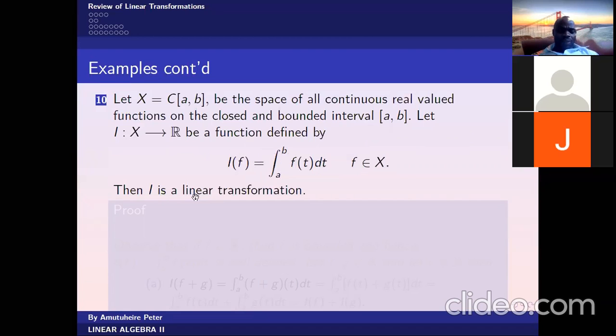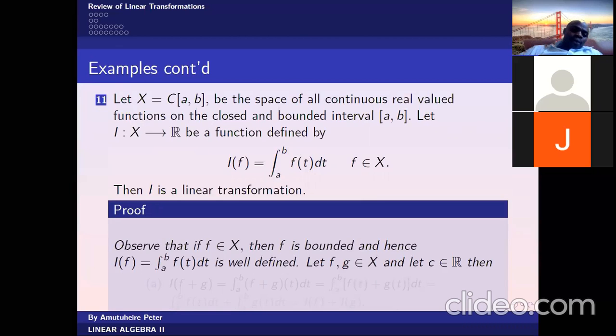Then we are claiming that I is a linear transformation. Now we know that the definite integral from a up to b gives a real number. So we give it a function, it computes the integral from a up to b, and it returns a real number. So we want to show that this is a linear transformation.